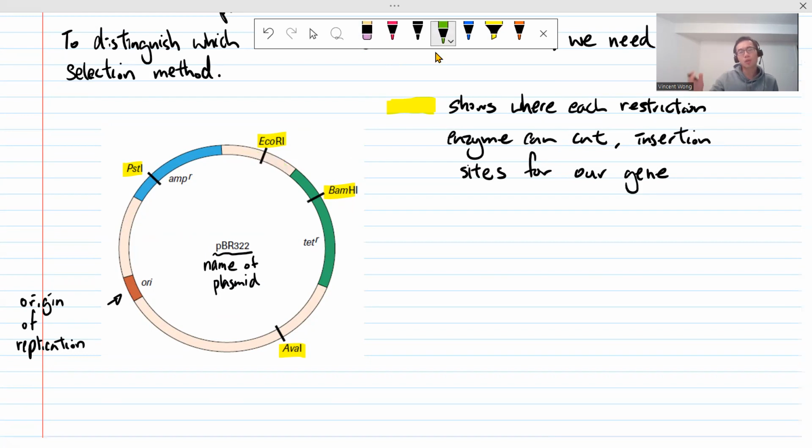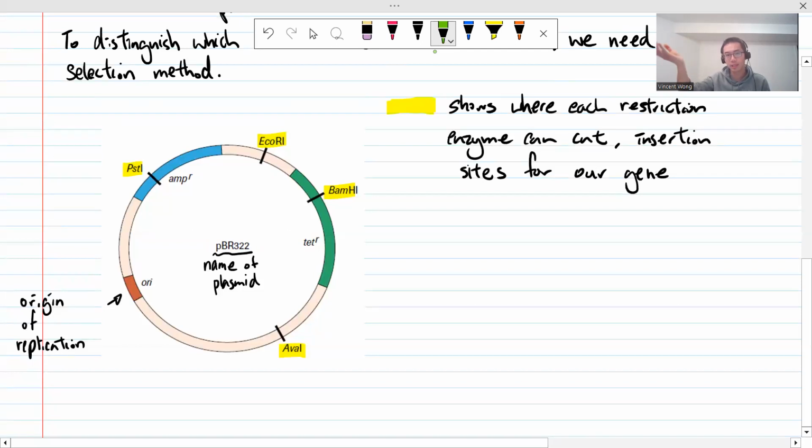However, if you treat your gene with PstI, then you must also treat the plasmid with PstI. In that case, the gene is going to go right here. You cannot treat your gene with EcoRI and your plasmid with PstI and then try to put them together.